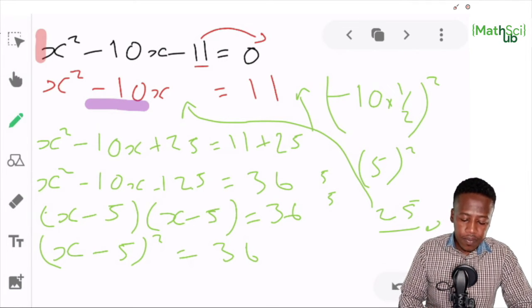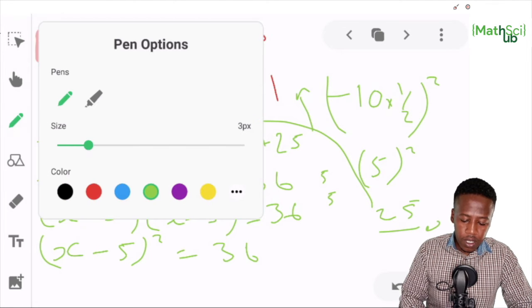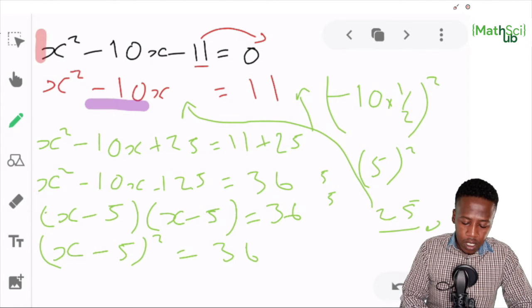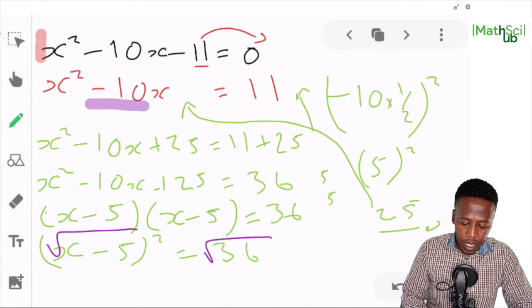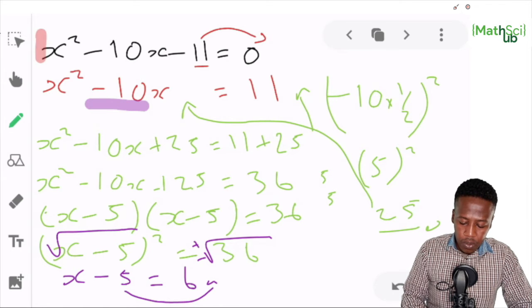Now in this case, we take the square root of both sides, the square root of x minus 5 squared and the square root of 36, and then we are left with x minus 5, and then the square root of 36 is plus or minus 6. Remember, the square root of 36 is 6. If we take the 5 to the other side, we will get x equals 11.